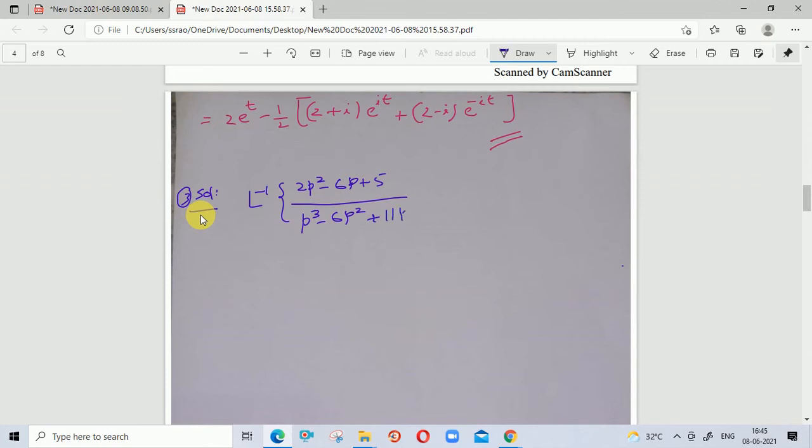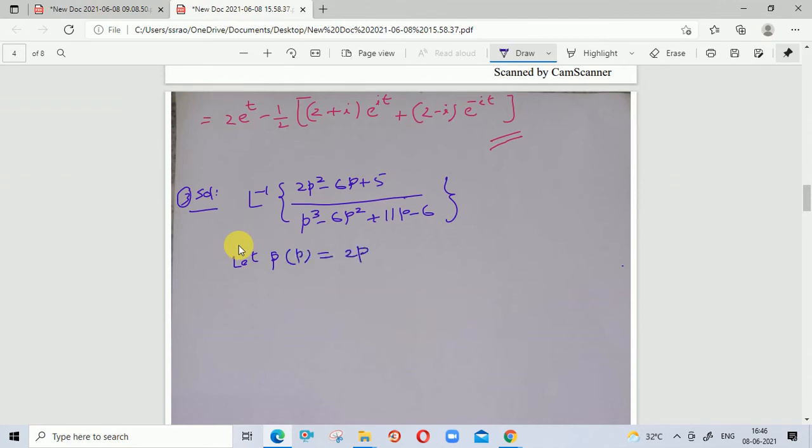It is in the form of L inverse of P of p divided by Q of p, where P of p is equal to 2p square minus 6p plus 5.